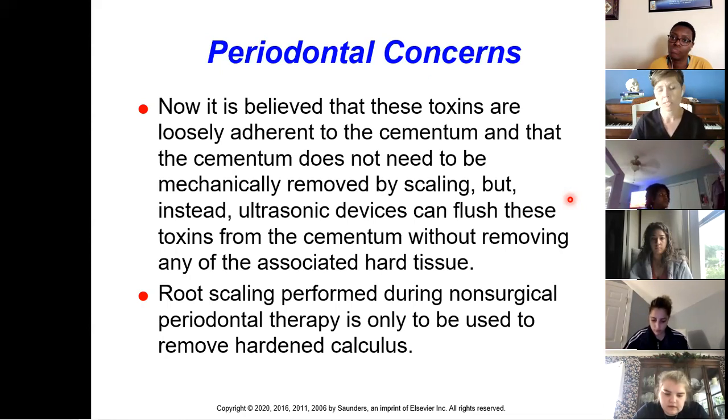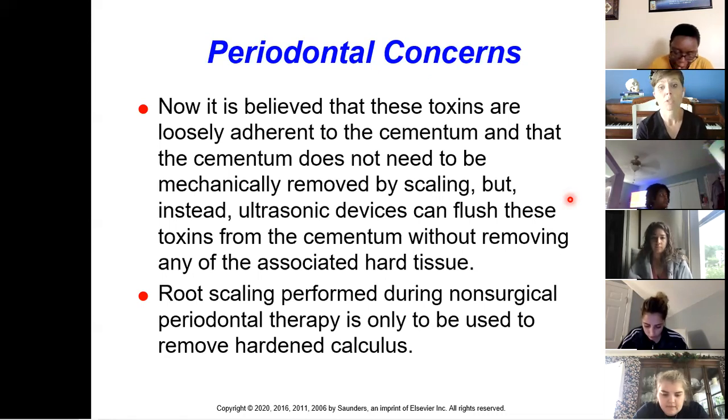Over the course of my 15 plus years in clinical, it has changed. If it's smooth and glassy, you're removing it all. So we need to be better about not removing the cementum with the calculus.